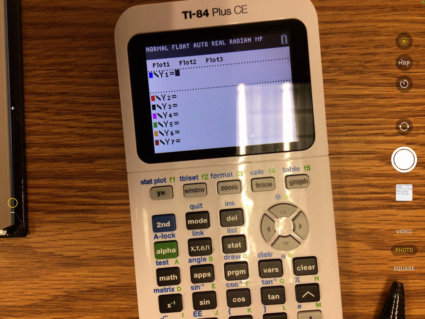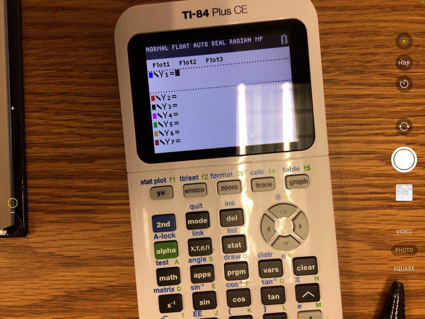I'm going to store the answer in A, so we hit enter. Now that value is stored in A. That would be the x, right? So we have to go back in and plug it into our formulas. So let's go back to our work here. We stored that value in A.